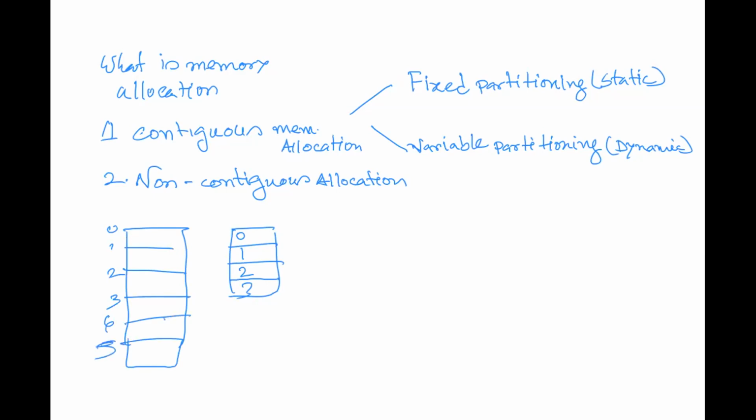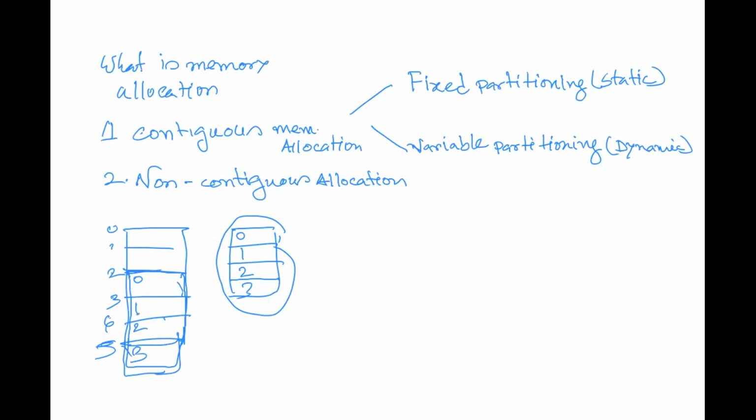It means this process should be contiguous in the physical location. So if 0 starts from 2, the process should reside at 0, 1, 2, 3, till here. So this is contiguous with the physical address.